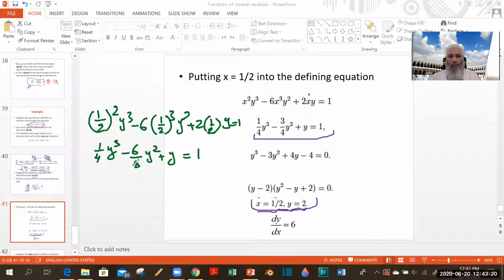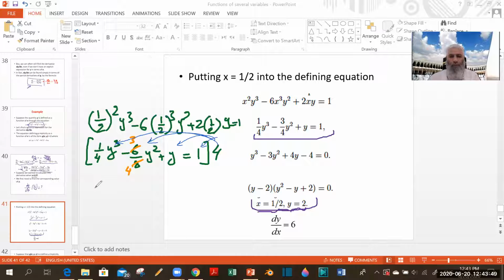So we will multiply all this by 4, because this is 3 over 4. When we multiply by 4, we multiply it here and here and here and here.